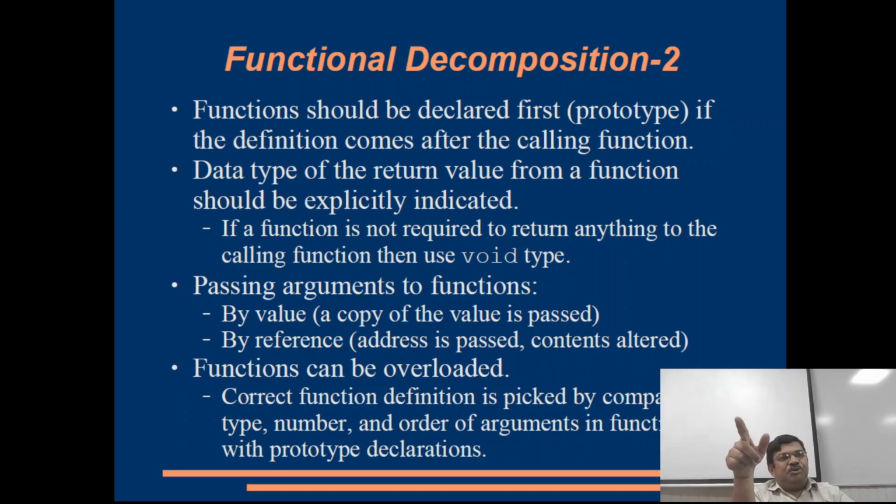So you need to provide all the definitions: integer version, float version, double version, all versions have to be provided. But when you call the function add using two float arguments, then the compiler will pick up the version which takes float as the arguments. Right? So this is what we call overloading of functions.